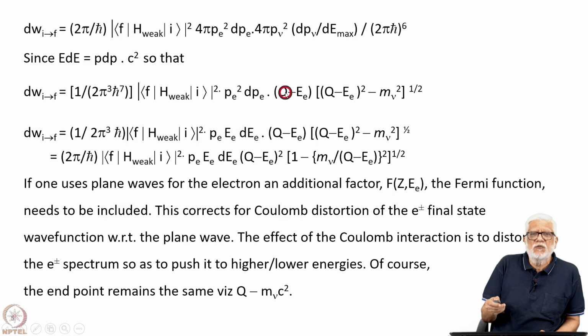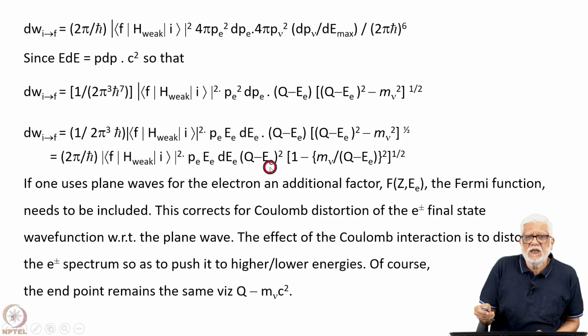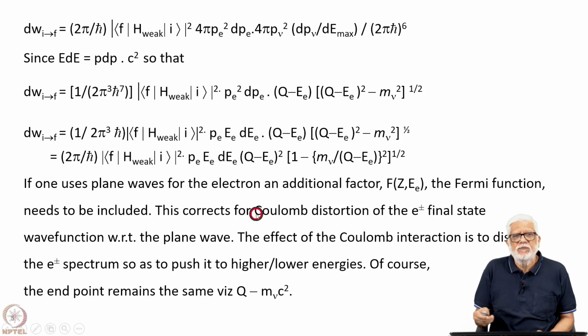This is there in any of the standard textbooks, and this is actually proportional to the momentum, the energy of the electron, and (Q minus E) whole squared. Okay. So, in a particular energy interval, dW/dE is proportional to p E (Q minus E) whole squared.